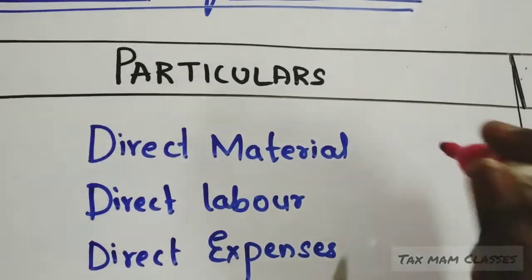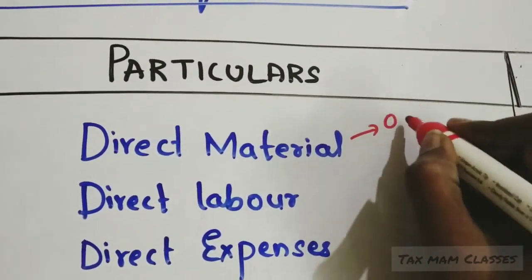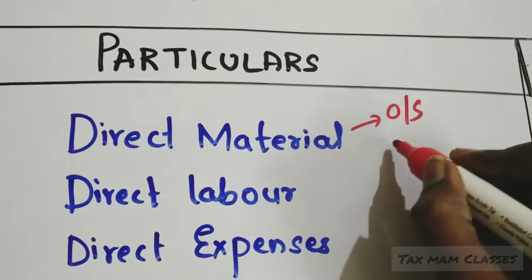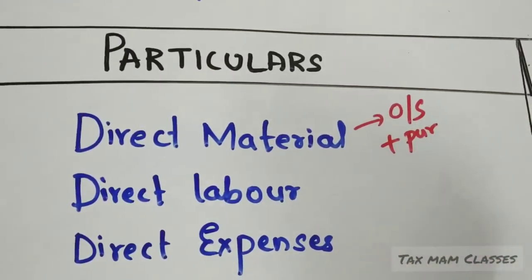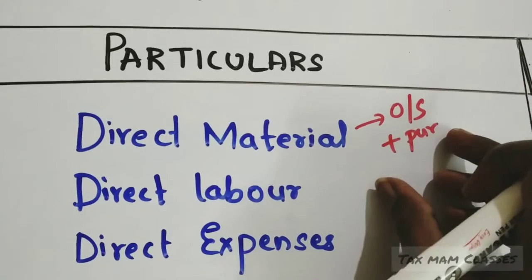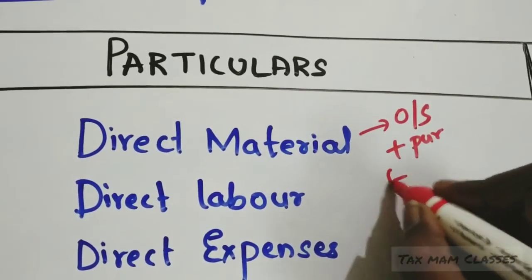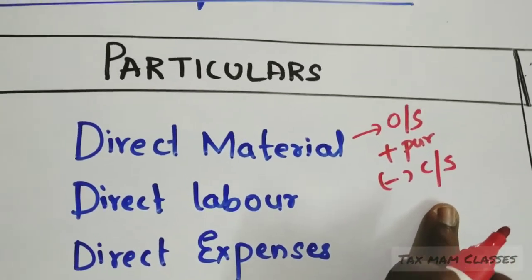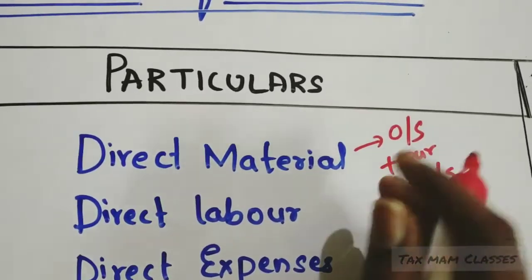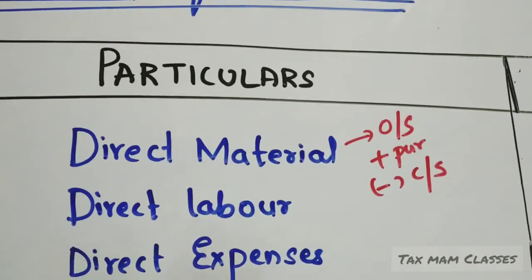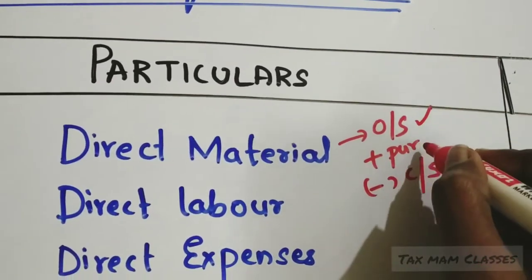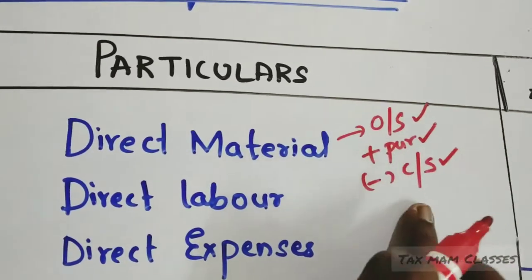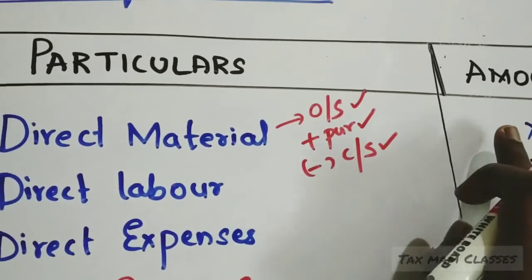We have to take the opening stock, and if we have purchased any direct material, that means raw materials, we have to add the purchases, minus closing stock. Whatever closing stock there is, we have to deduct it. So in direct material we take only the direct material consumed: opening stock plus purchases minus closing stock gives us the direct material amount.